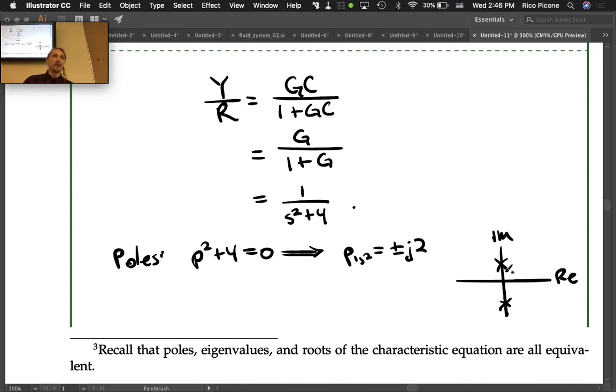There's not a double pole on this spot, for instance. So it's not unstable. It's not stable, though, because we have at least one imaginary axis pole, right? So it has to be marginally stable. So marginally stable.